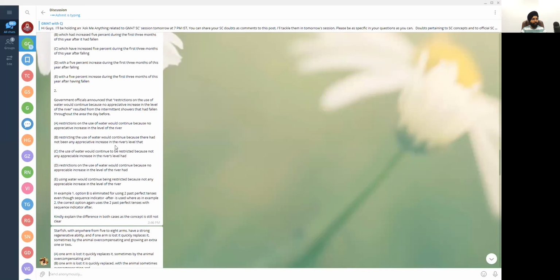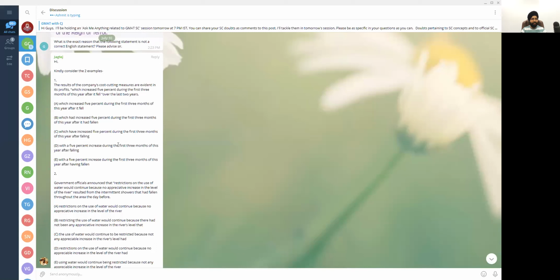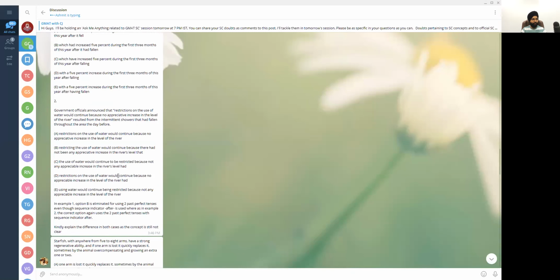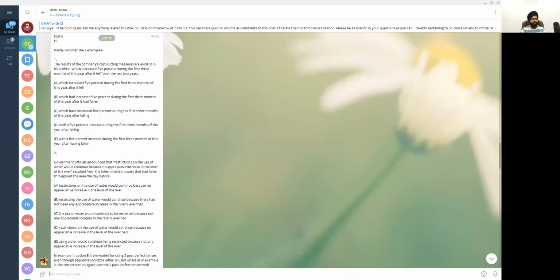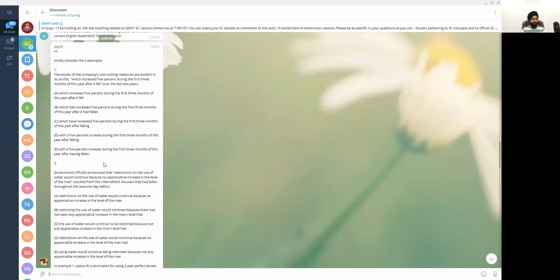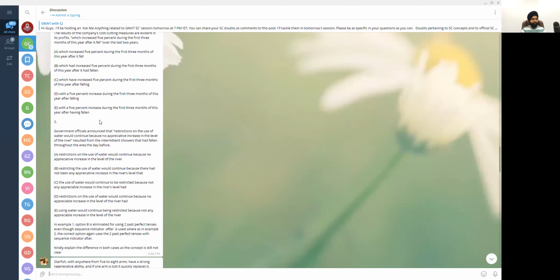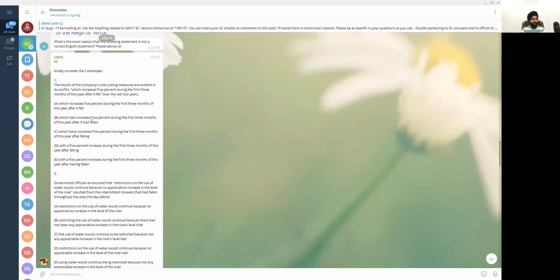Kindly consider the two examples. Probably others have not seen this example, but I have read this question before. So Jaktej, you are right that in example 1, option B is eliminated because it uses two past perfect tenses. The reason is that there is no event in the simple past in the first sentence.